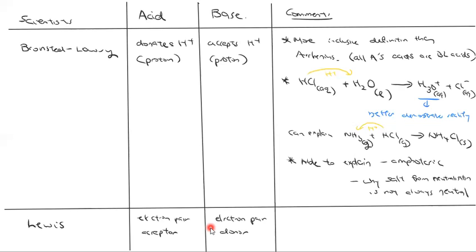So you're not only talking about H plus anymore. You're not talking about protons anymore. You're talking about electrons. And again, all Bronsted-Lowry acids are Lewis acids. Okay. And it expands on the definition even further, but we won't need to get too much into that. So make sure you do know the definitions.